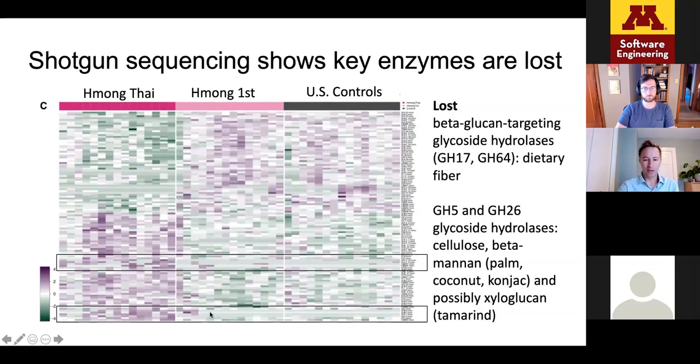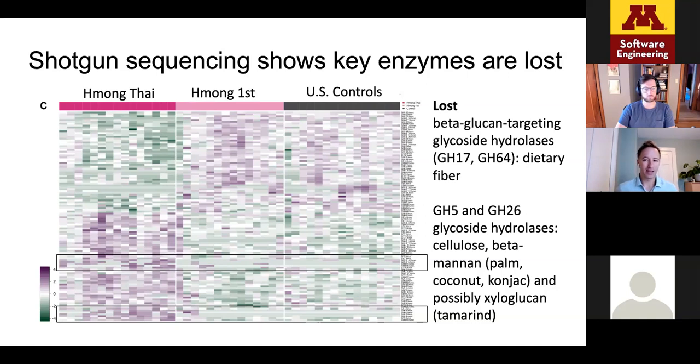So some of these ones that had gone missing were related to different types of dietary fiber, and some of them break down fibers that are in plants that are commonly grown and eaten in Southeast Asia, like palm, coconut, konjac, tamarind.